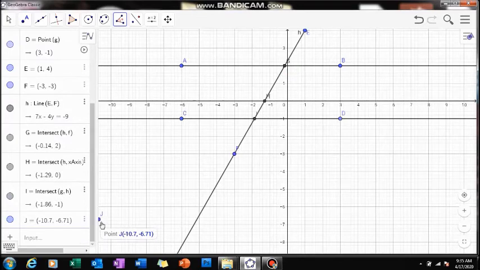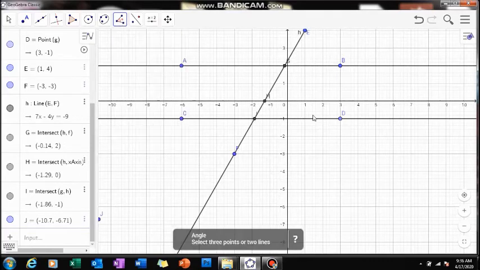So now we will move to the next problem, about supplementary exterior angle, or sudut luar sepihak. One of the supplementary exterior angles is FID and BGE. So we will measure the angle.